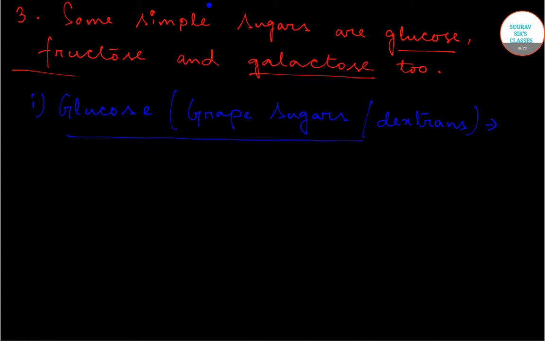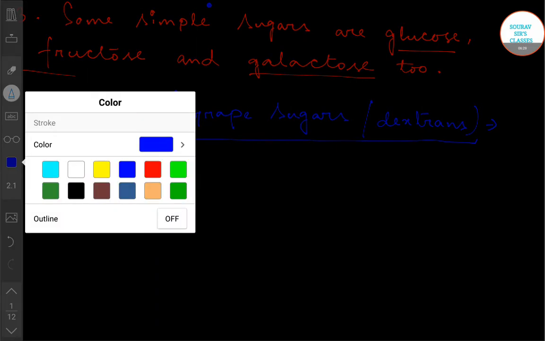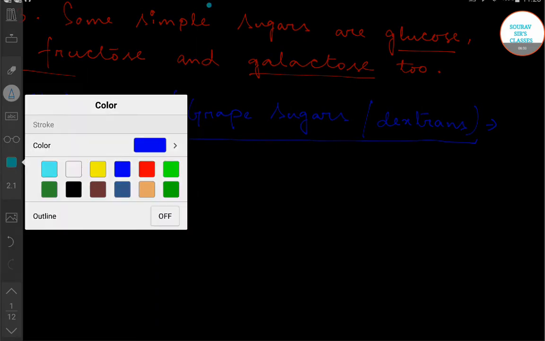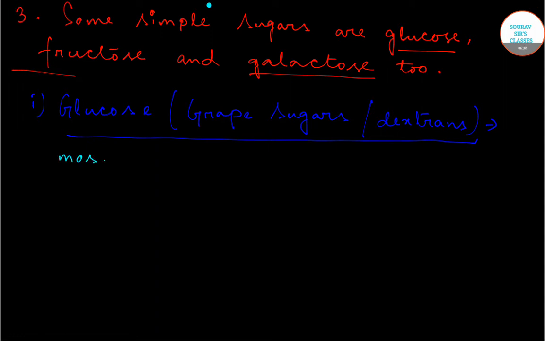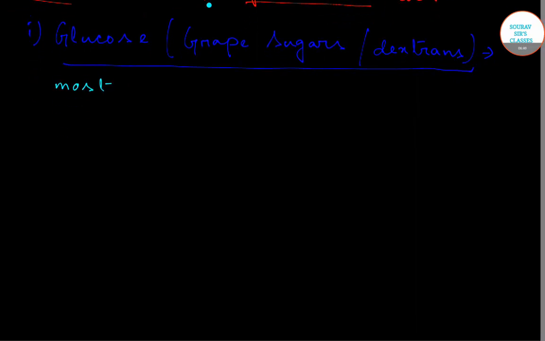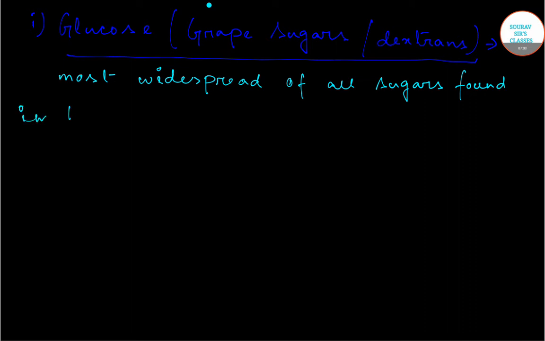Now, glucose is the most widespread of all sugars found in blood.